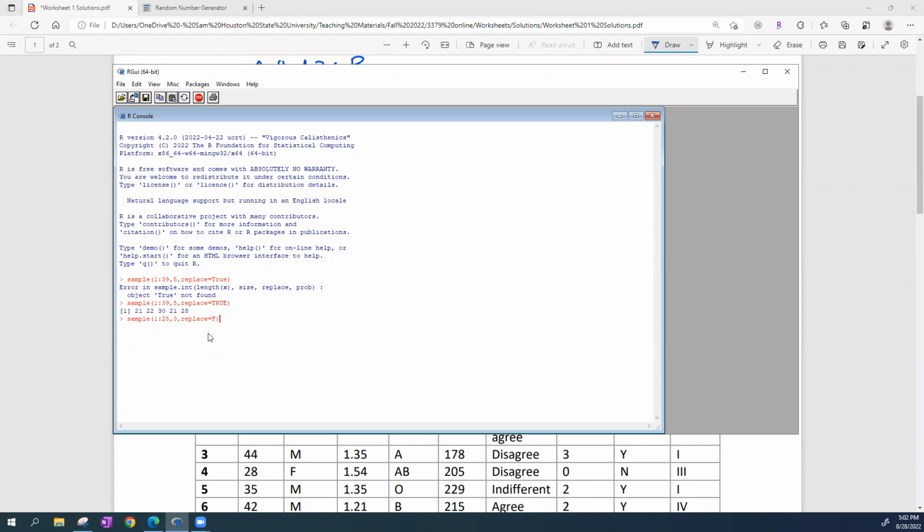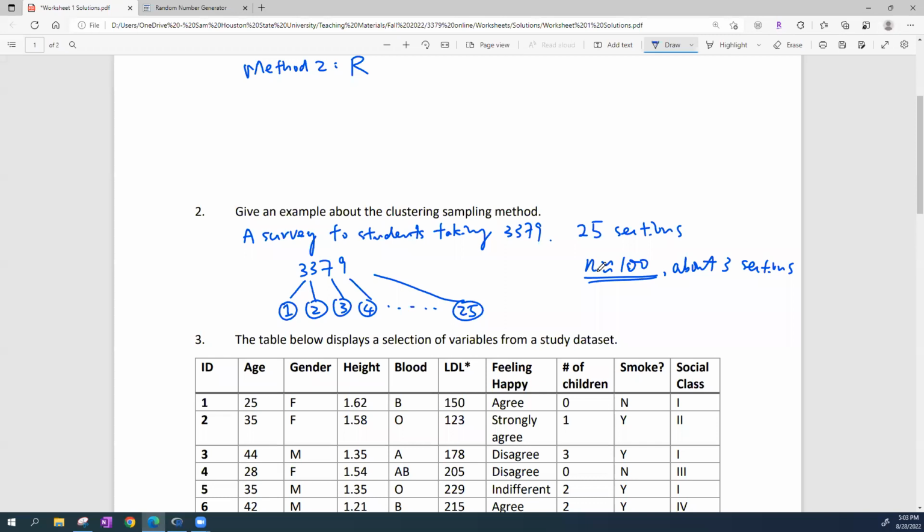So then let's see what we have: 24, 18, 19. So sections 24, 18, and 19. All students in those 3 sections are now the sample, so we don't do further sampling.